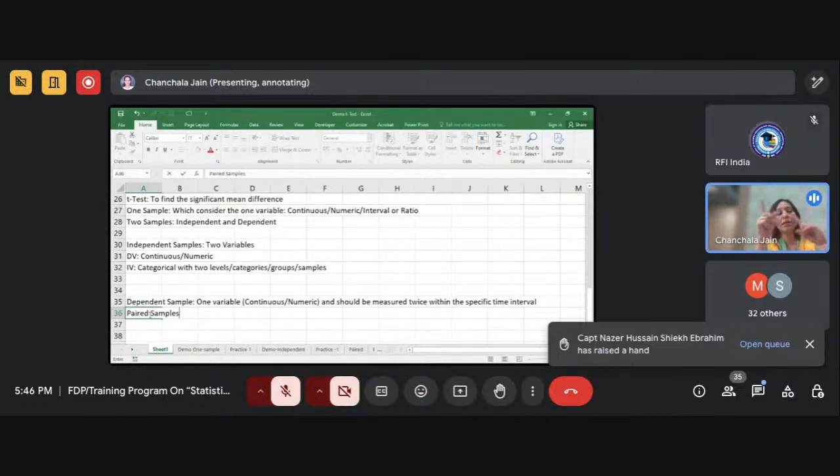If it has increased, that means for the same people you are collecting the data twice. So that is why in case of dependent samples, we will have only one variable, right? And this variable you need to measure twice, or for this variable you need to collect data two times, right?